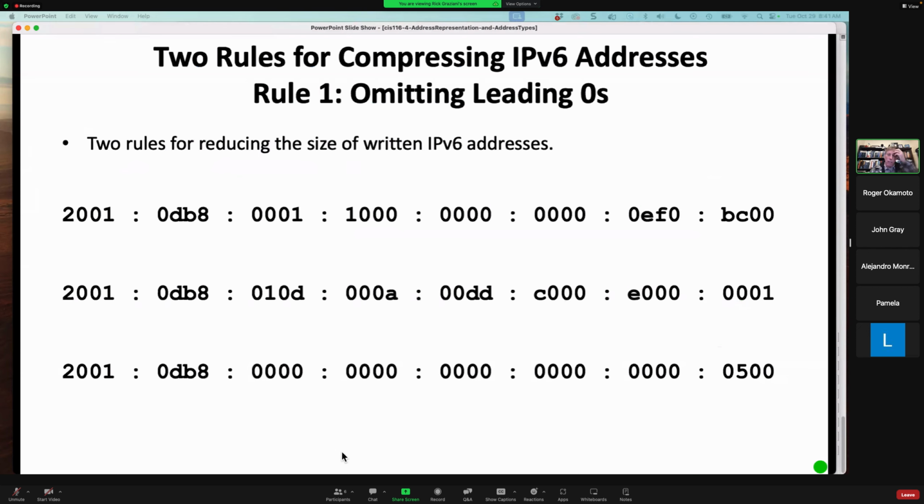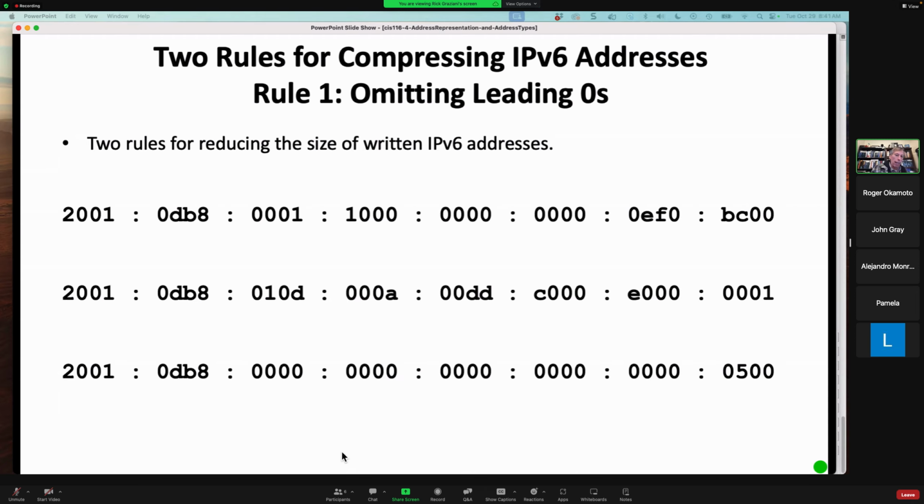Okay, so let's take a look at the rules for compressing IPv6 addresses, how to show them in less space. Today, I'm just going to show addresses generically. We're going to talk about some of the different types of addresses.